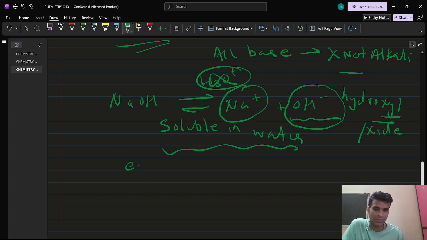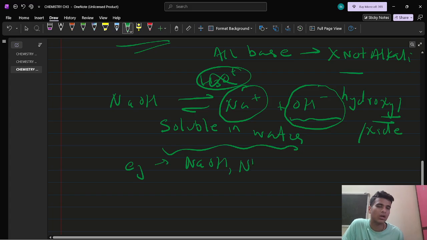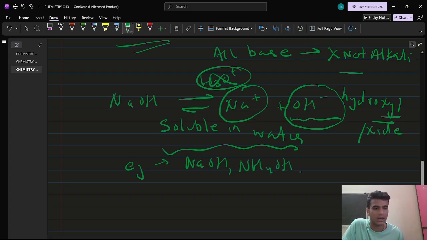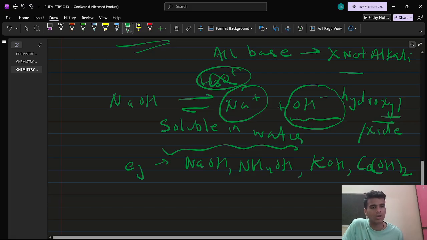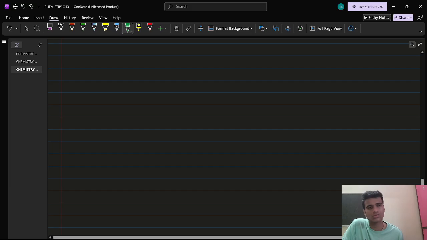Now इसके examples are important. So we have NaOH, then ammonium hydroxide, weak alkali, then KOH. KOH, NaOH तो याद रखना ही है. They are important, and Ca(OH)2 also. Okay, so these were the definitions.